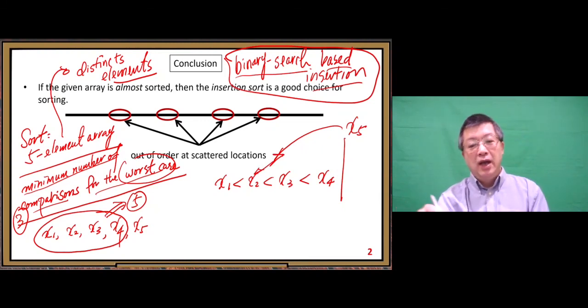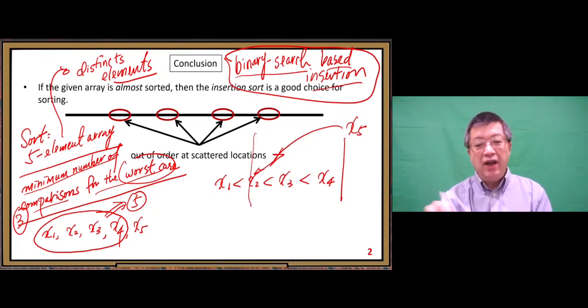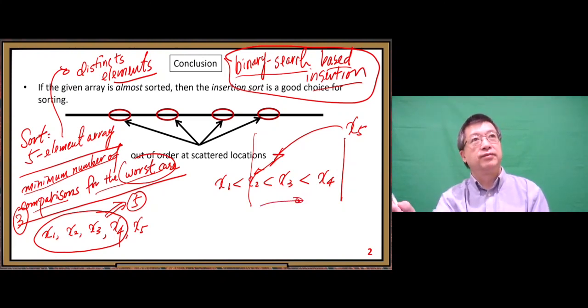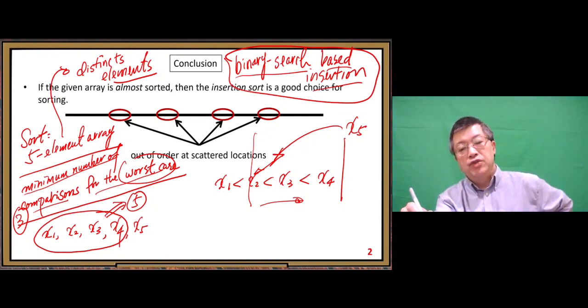It is either less than or greater than x2. But if you go to the greater than side, you need 3 more comparisons. Then this may not be good. So this is not the best solution.